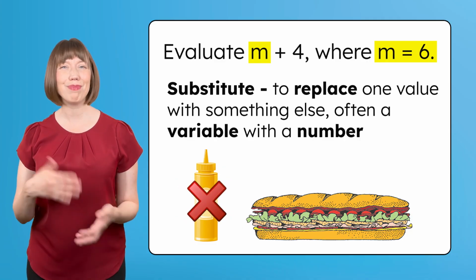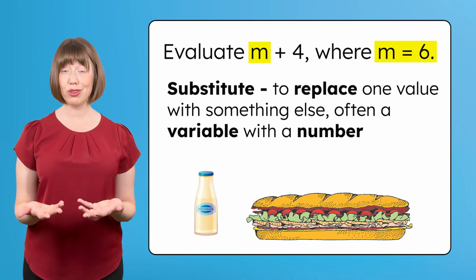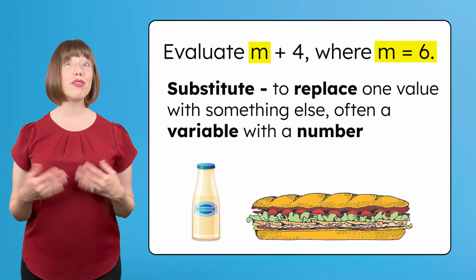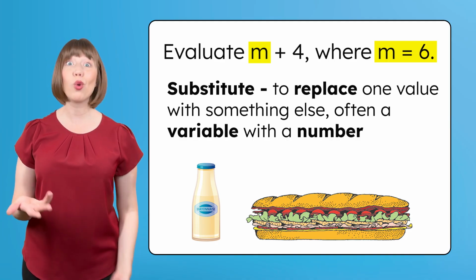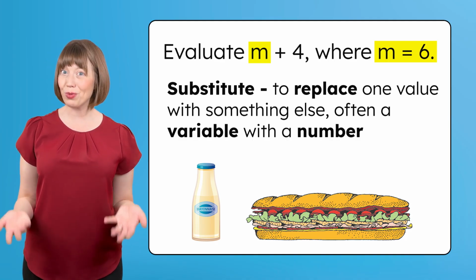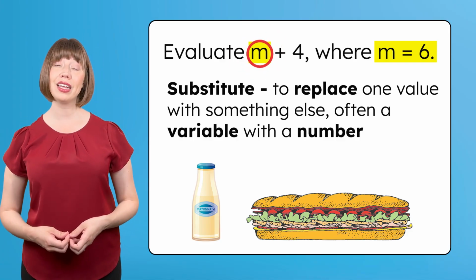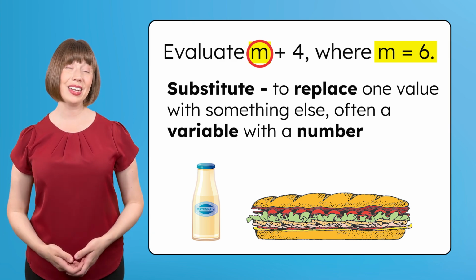If you don't like mustard on your sandwich, you can request to substitute the mustard for another sauce you like. Substituting the value of the variable has to be done before we can evaluate or find the value of an expression, because if an expression still has a variable, then it isn't simplified all the way to its final answer.